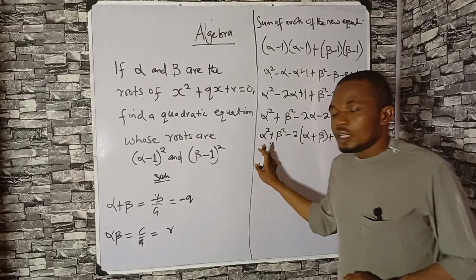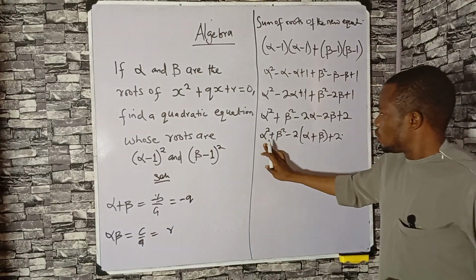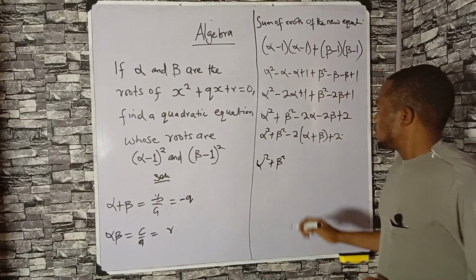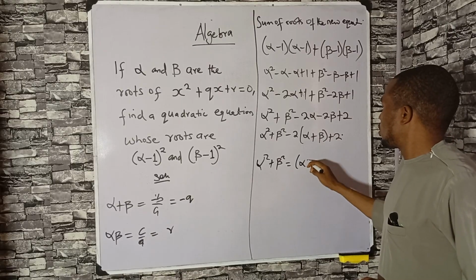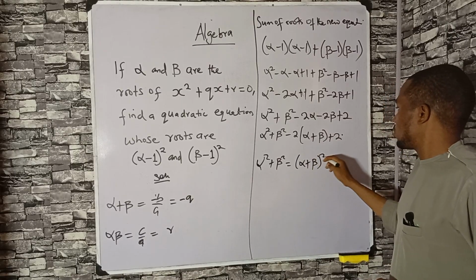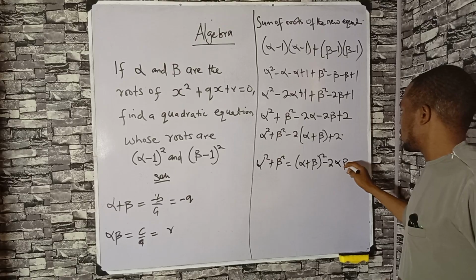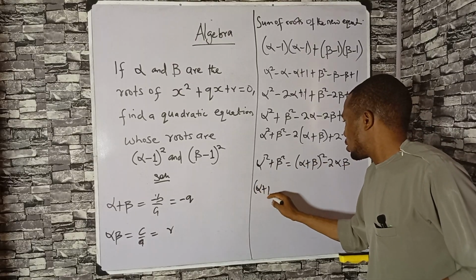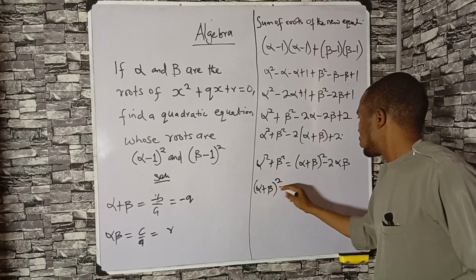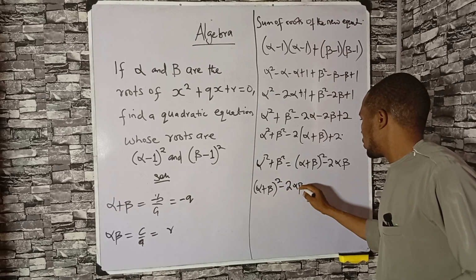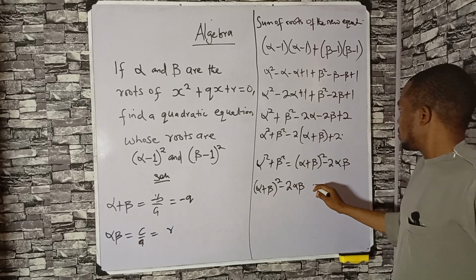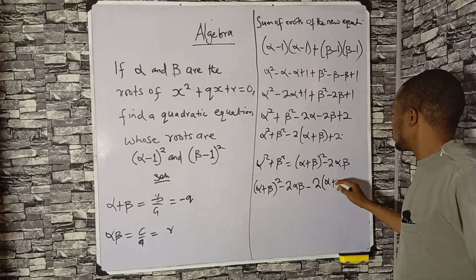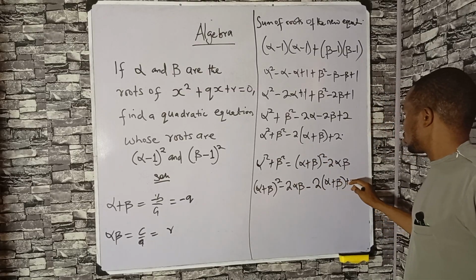So then what is the identity of alpha squared plus beta squared? Alpha squared plus beta squared is expressed as alpha plus beta squared minus 2 alpha beta. So we replace this with this. You can have alpha plus beta squared minus 2 alpha beta, that is for this one, then minus 2 times alpha plus beta, plus 2.